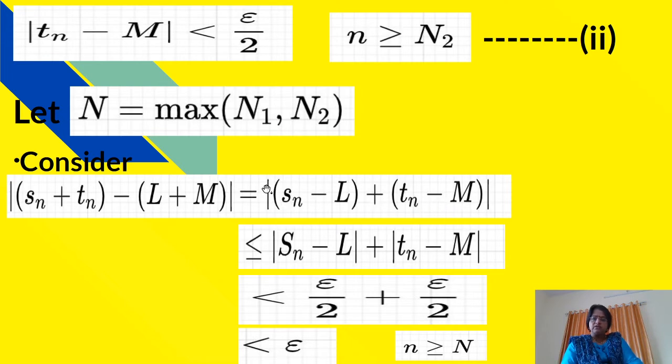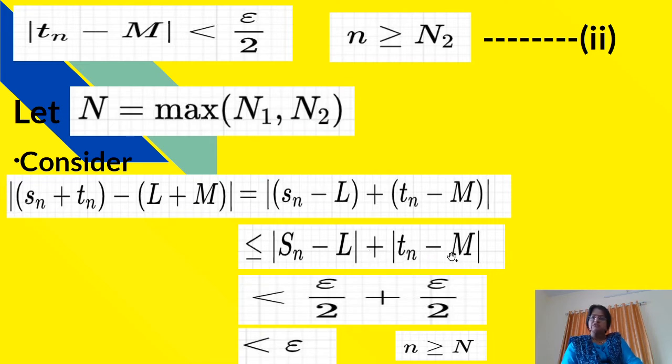We know that modulus of A plus B is less than or equal to modulus of A plus modulus of B using triangle inequality, and therefore we have modulus of Sn minus L plus Tn minus m is less than or equal to modulus of Sn minus L plus modulus of Tn minus m.